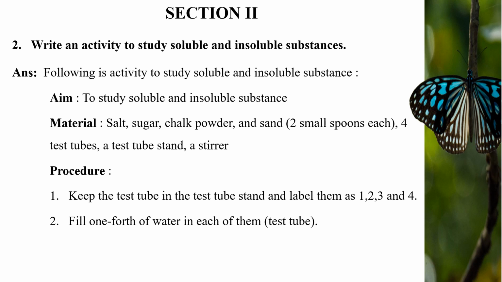Procedure, keep the test tubes in the test tube stand and label them as 1, 2, 3, 4. For example, 1 for salt, second for sugar, third for chalk powder, and fourth for sand. Next, fill 1/4 of water in each of the test tubes.